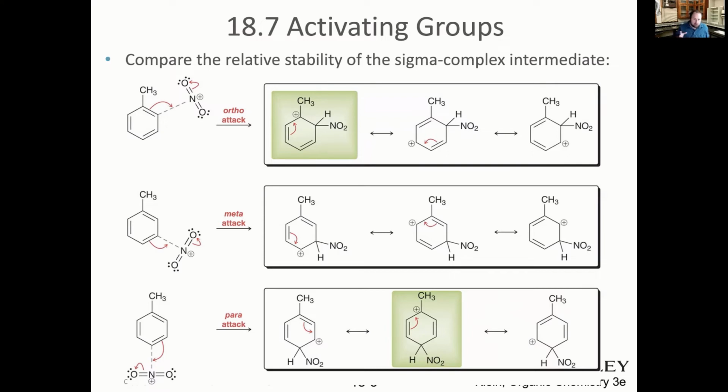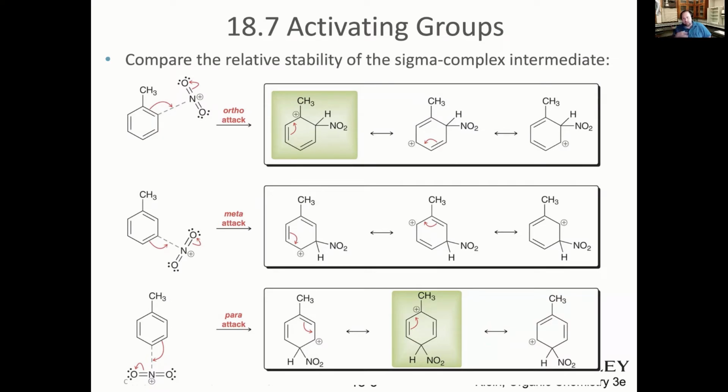Now, if you look at the three cases, an ortho attack, a meta attack, and a para attack, and you look then at the carbocation sigma complex intermediates, what you'll observe is that for the meta attack, the positive charge as it resonates around the ring is never next to the methyl group.